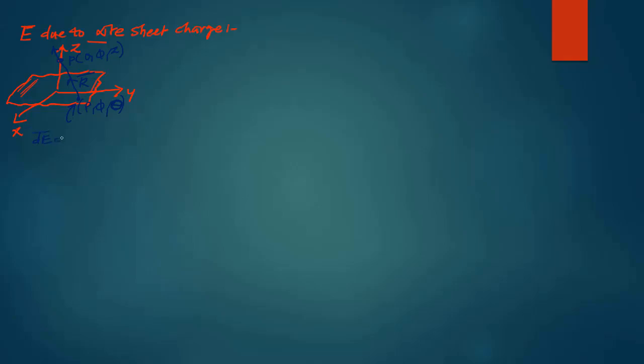The differential electric field you will get due to the differential charge dq by 4 pi epsilon magnitude of r cube into r bar. This is written from Coulomb's law. Now dq, how to write here?